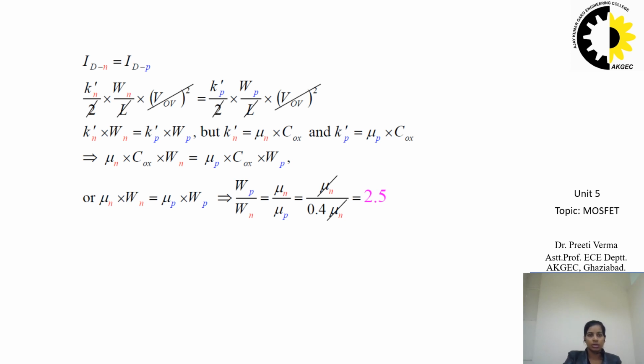The two transistors are there. We have IDN equal to IDP. The drain current of NMOS will be equal to the drain current of PMOS.